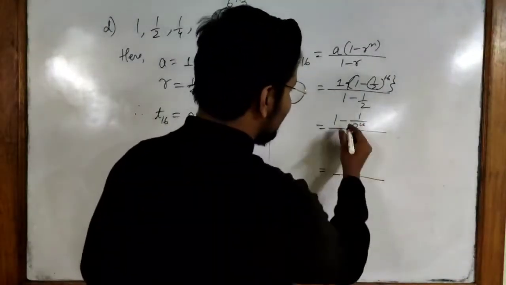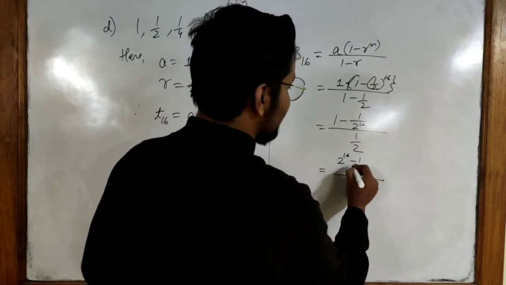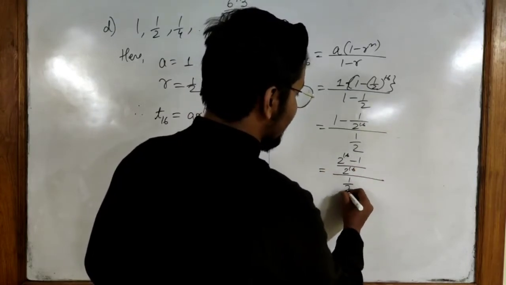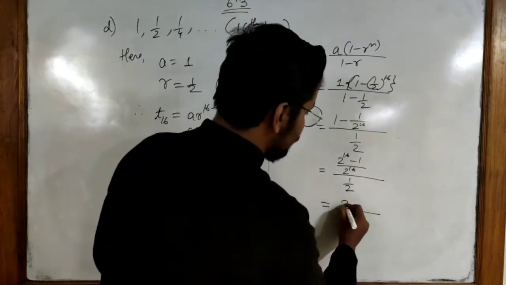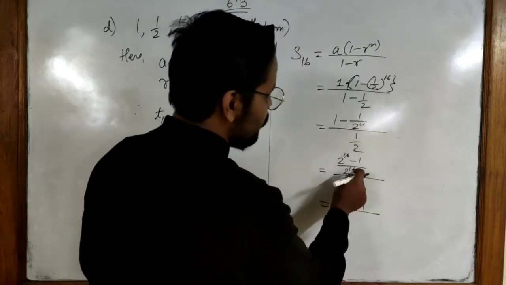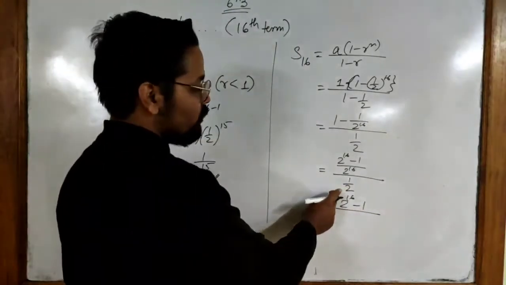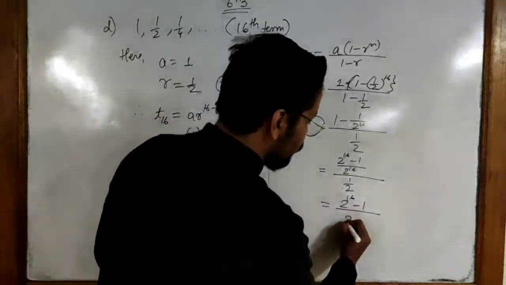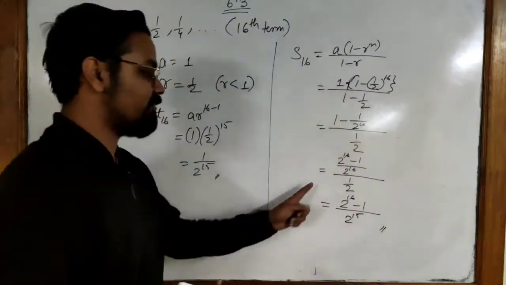So it is 2 to the power 16 minus 1 by 2 to the power 16, divided by half. What we get is 2 to the power 16 minus 1 by 2 to the power 16 and 2. These will cancel and we will get 2 to the power 15. This is the value that we get.